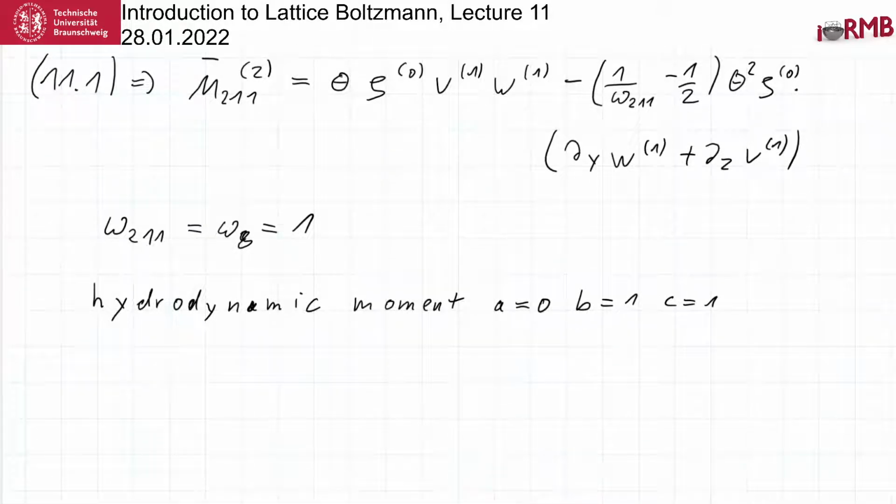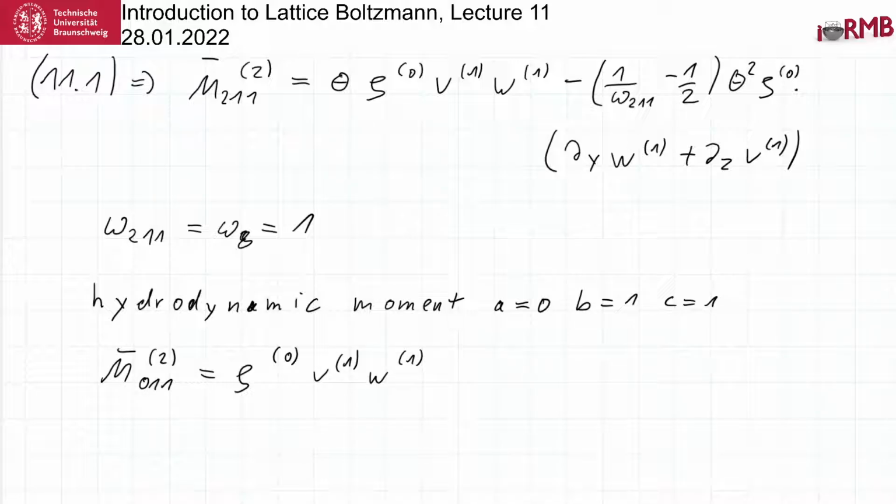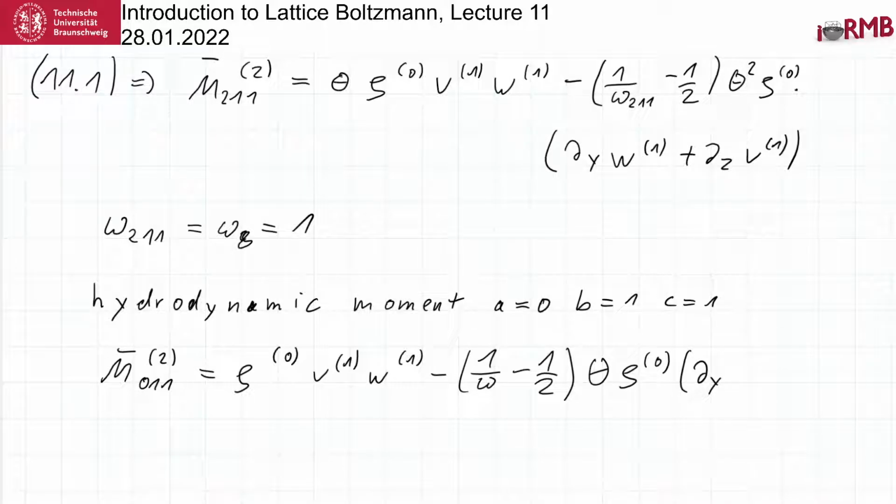Now the hydrodynamic moment M011 to second order is rho 0 V1 W1 minus 1 over omega, so now this is this omega of BGK, yeah, 1 over 2 theta rho 0, and this goes into the derivative in y direction W1, plus d_z V1.